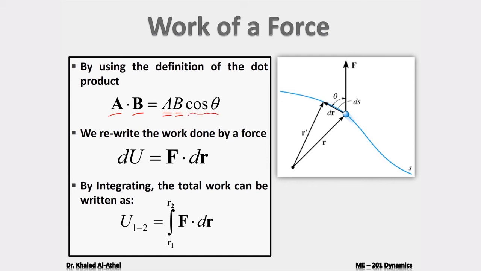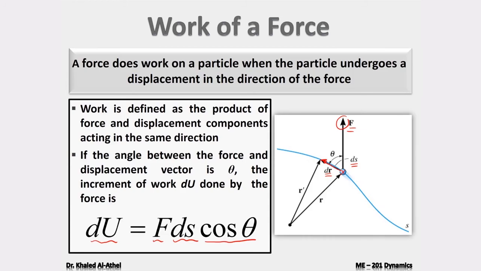Therefore, we can rewrite the work done by a force as dU equals F, the vector F, dot product, this is a dot product, dr, which basically equals F ds cosine theta, as we said in the previous slide.